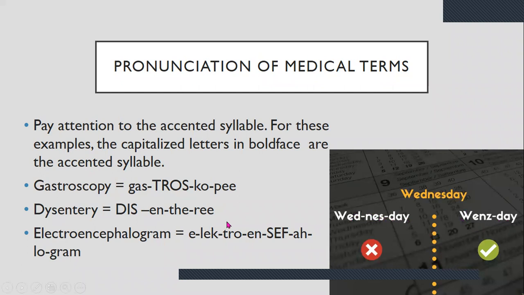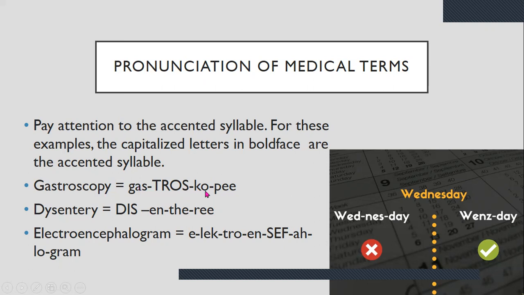So let's look at this word. We have 1, 2, 3 dashes, okay? So that means we're going to have 4 syllables. 1 is gas, 2 is tros, 3 is co, and 4 is py. So let's look.